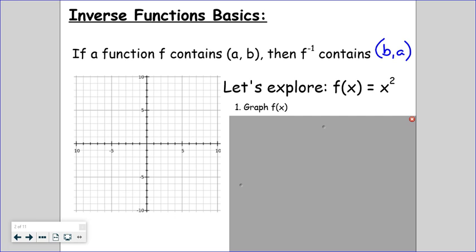So then extending that all the way to our calculus, what does that mean for things like a derivative of an inverse function as we look at flipping x's and y's. So this first part is just reminding us about inverse functions and properties of them. And we're going to use the function that we know really well, f of x equals x squared, to start that conversation.